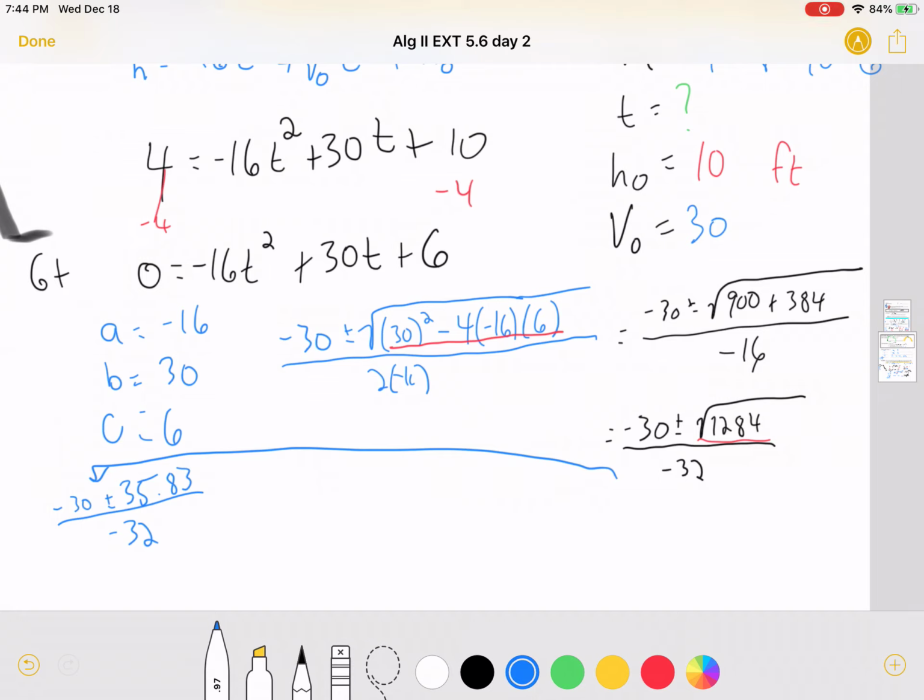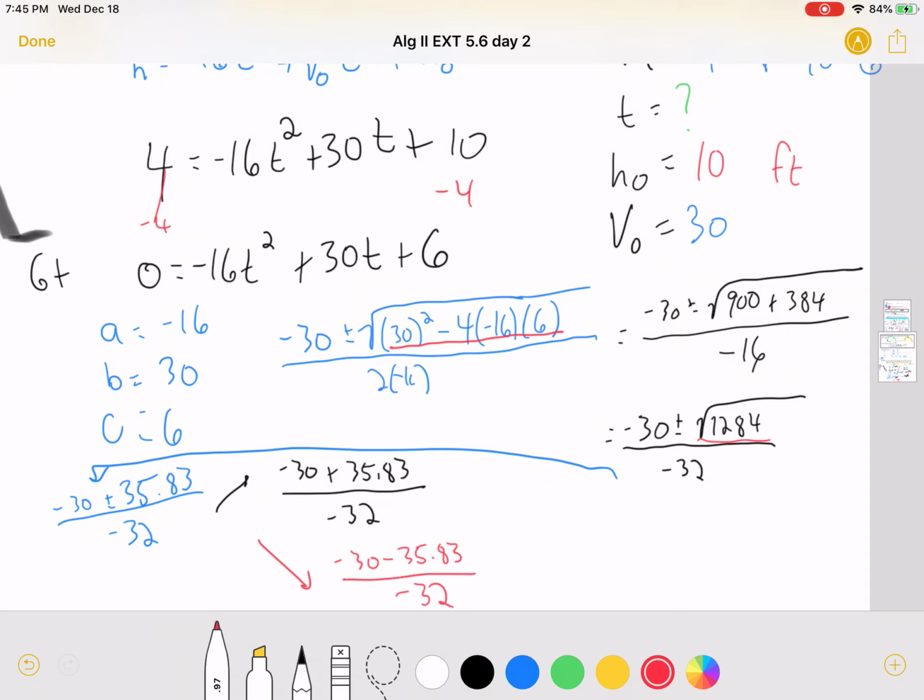Well, now I need to do two separate problems again. I need to do negative 30 plus 35.83 divided by negative 32, and then negative 30 minus 35.83 divided by negative 32.